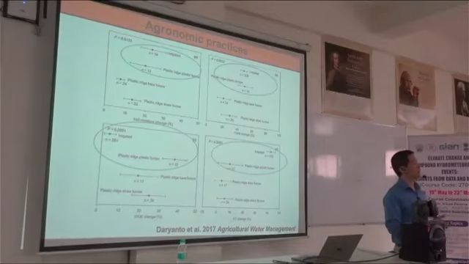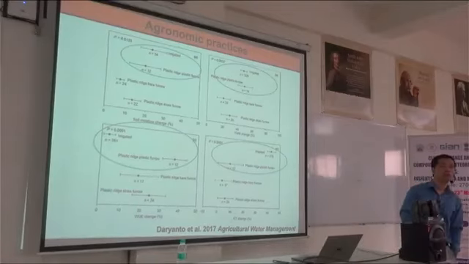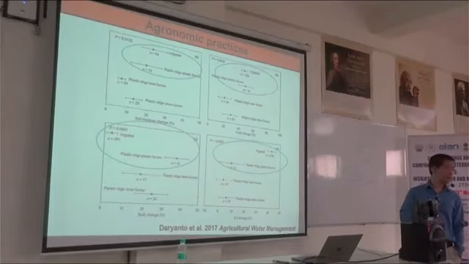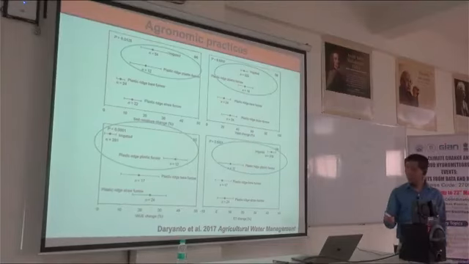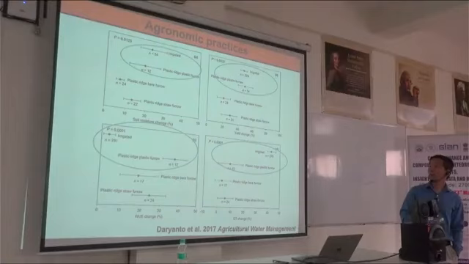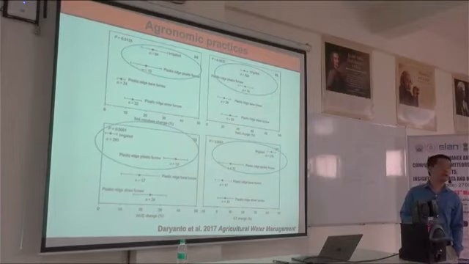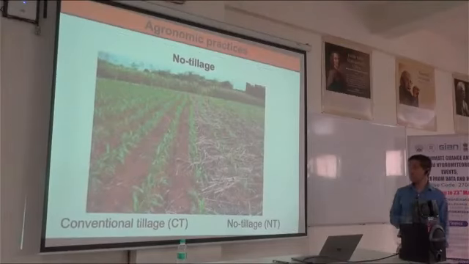It can produce the same amount of crop yield without using much water at all, without any irrigation in this case. But the problem for plastic mulching, of course, is an environmental concern, because you tend to leave a lot of plastic in the field, which in the long term is not necessarily a good thing.